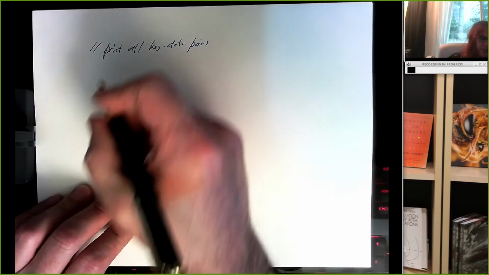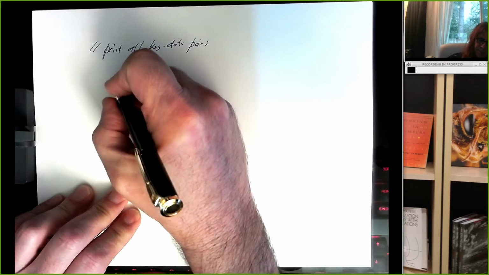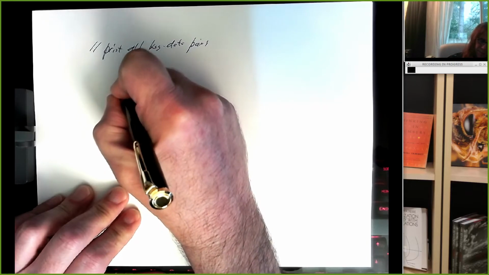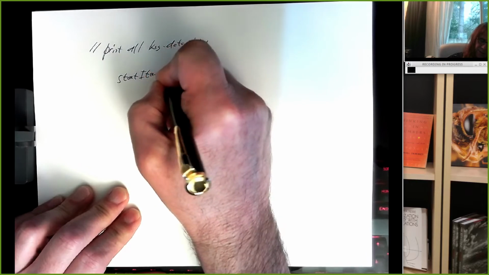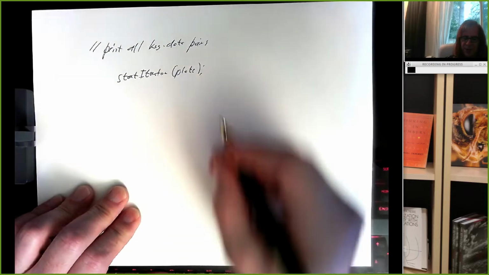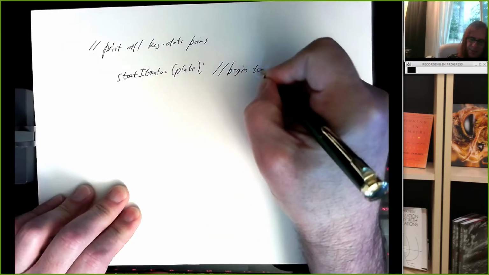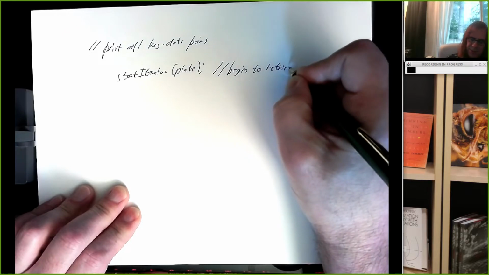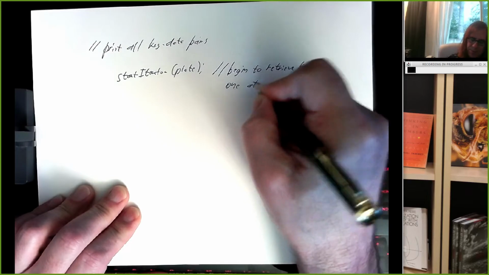So here's what we can do. We could say something like, start iterator. And start iterator might say, begin to retrieve keys one at a time.